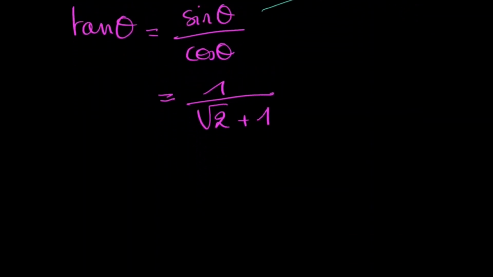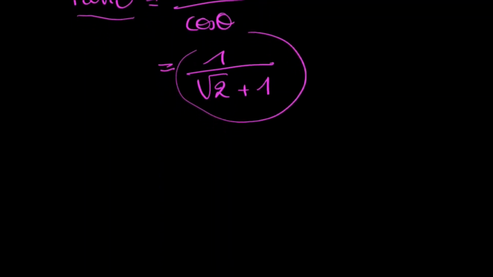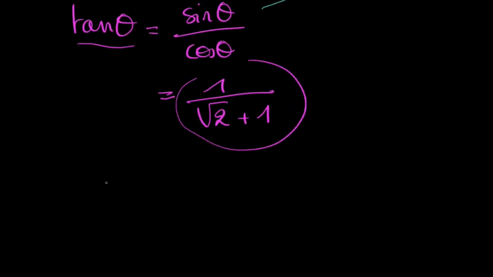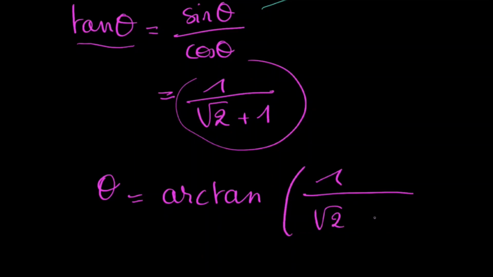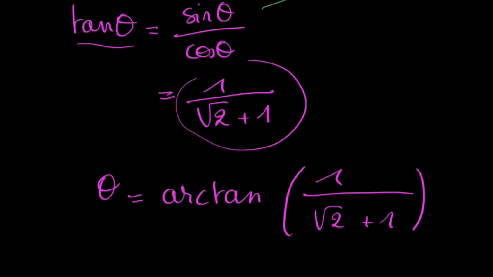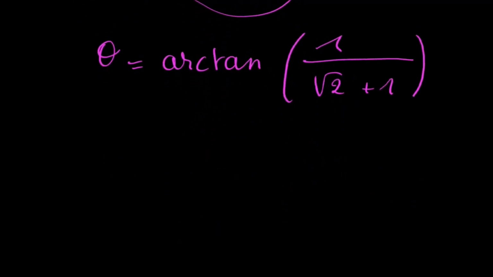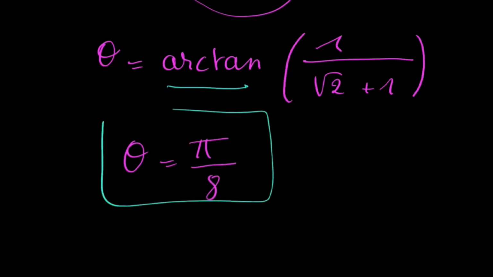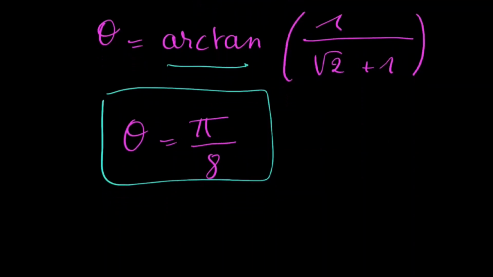Because tan theta equals 1 over root 2 plus 1, we have also that theta equals arc tangent of 1 over root 2 plus 1. And finally, we use the calculator and we found that theta equals pi over 8. Now we have the modulus and the argument of z2.